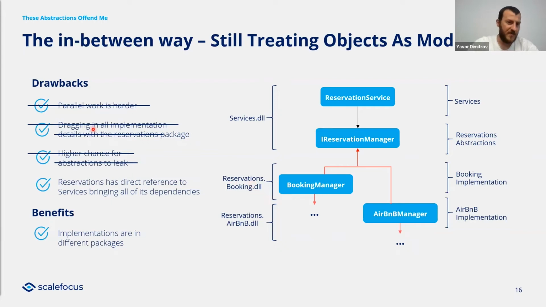So this eliminates most of the drawbacks, but introduces another one. So now, instead of your services layer being able to directly reference implementations, it's possible for your lower level modules or your implementations to reference a higher level module.